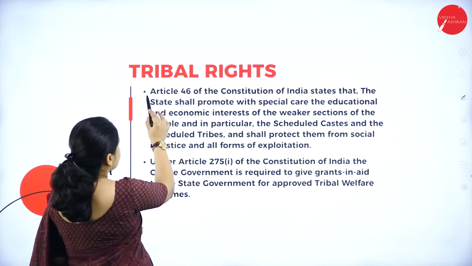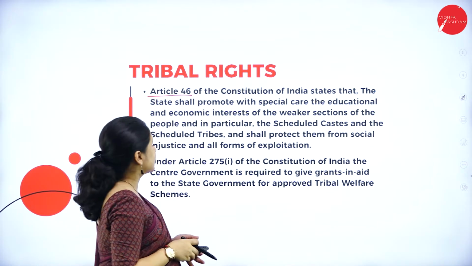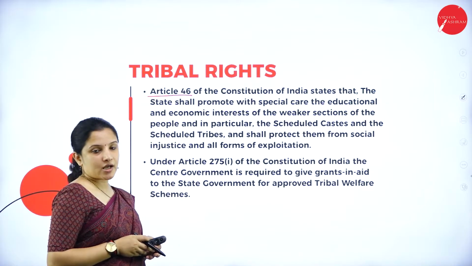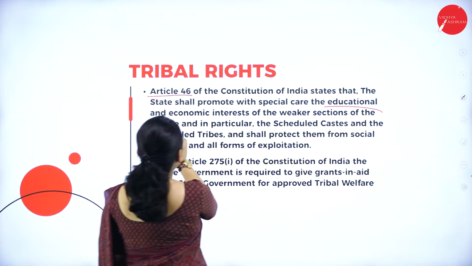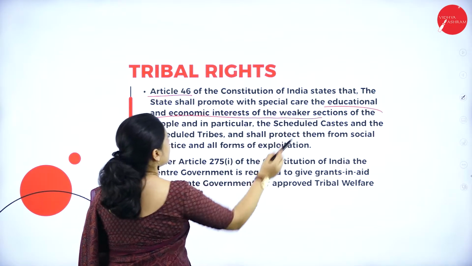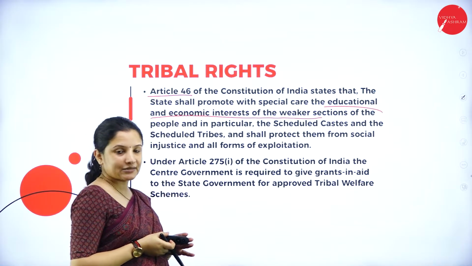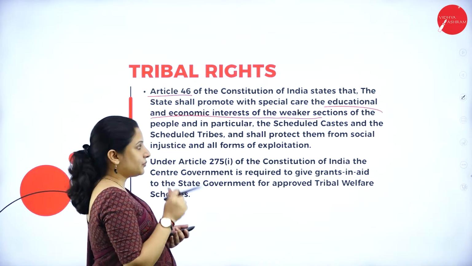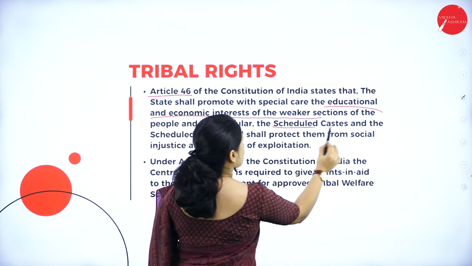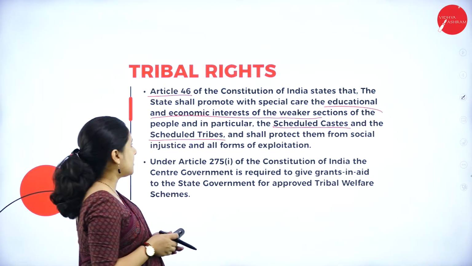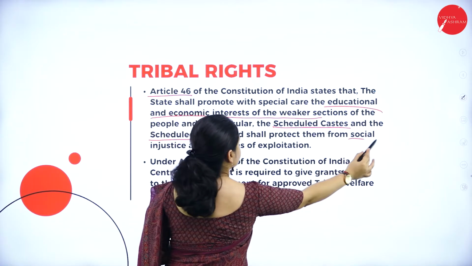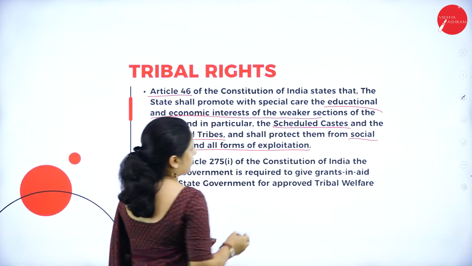Next, Article 46 of the Constitution of India states that the state shall promote with special care the educational and economic interest of the weaker sections of the people, that is the tribal people, and in particular the scheduled castes and the scheduled tribes, and shall protect them from social injustice and all forms of exploitation.